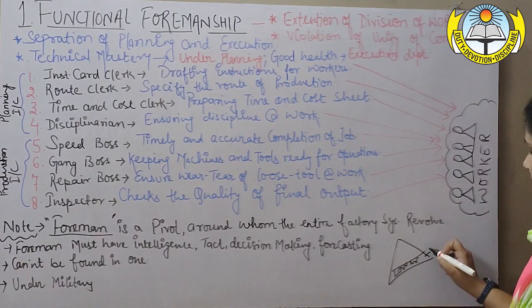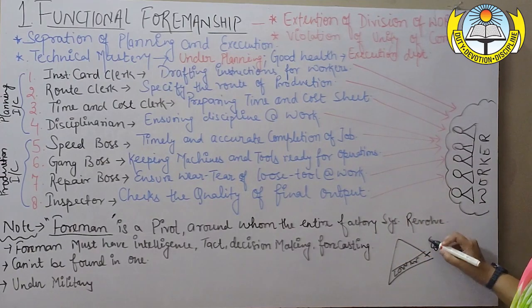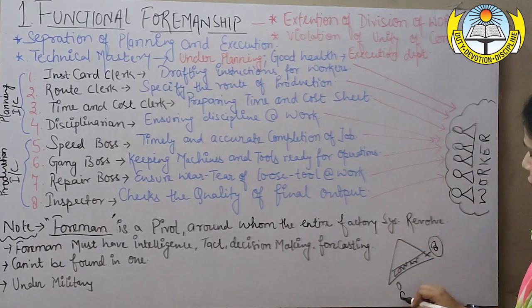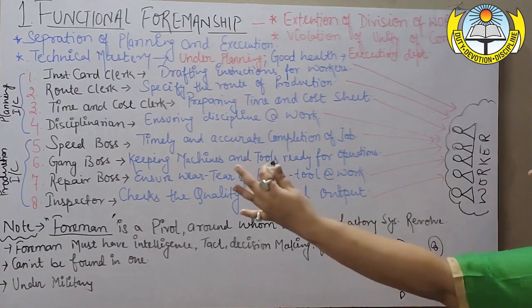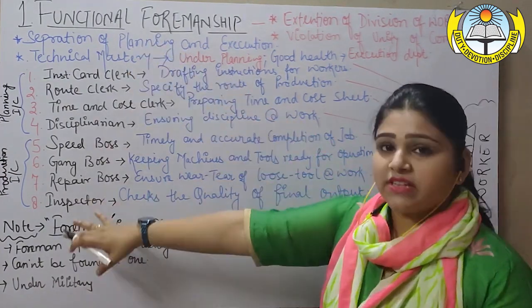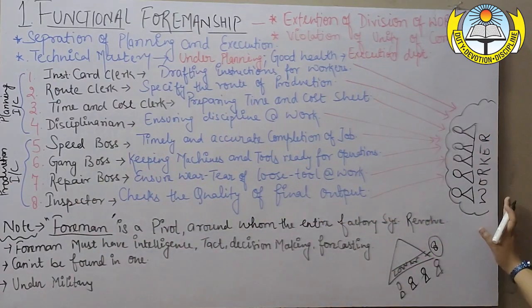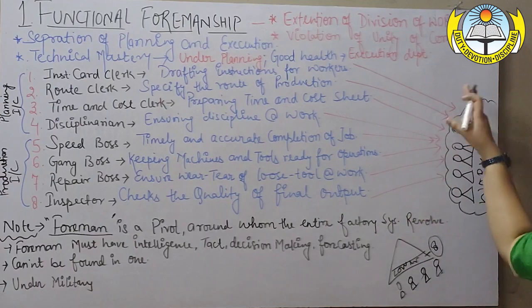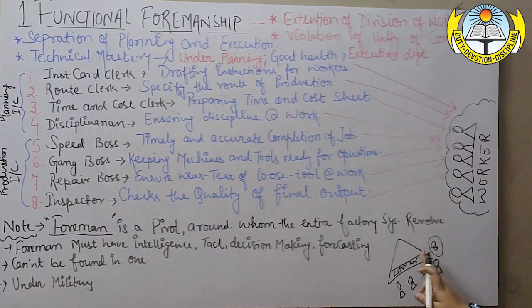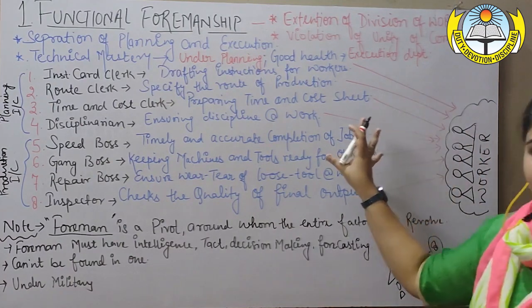Here come all 8 foremen, and then under them the workers are working. So similarly, this setup also gives you the idea. Under all those 8 foremen, there are a number of workers working, which means each one of them is guiding and instructing the workers working under them. Hope I am able to make this idea very clear.